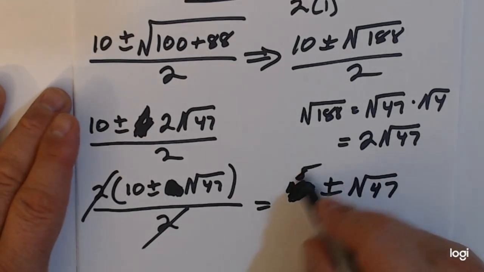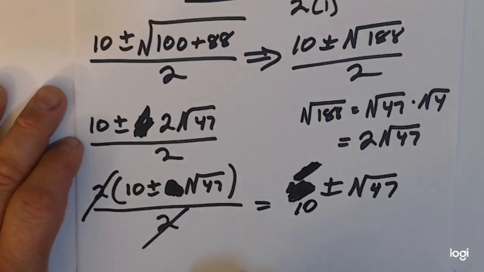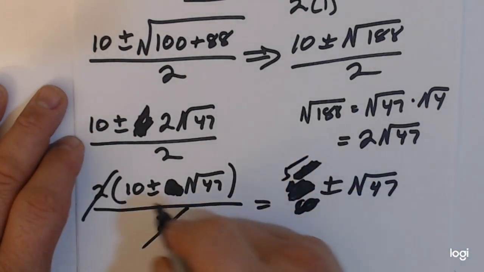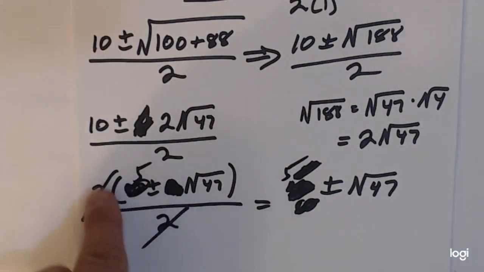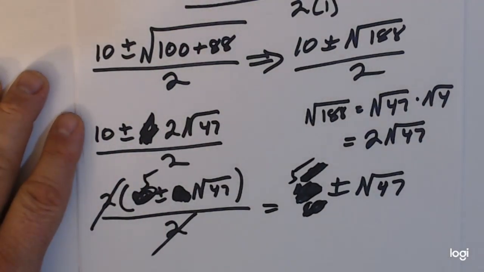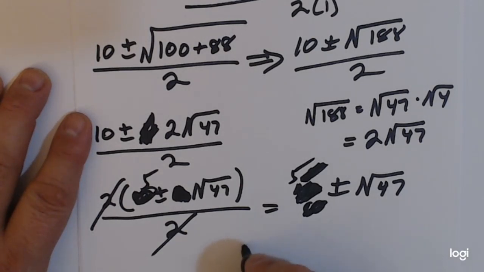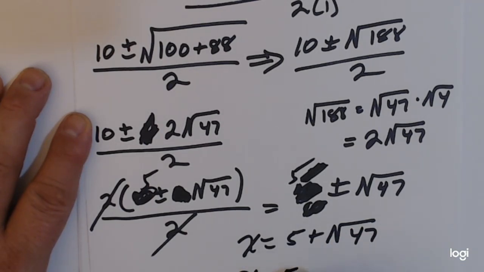No, I'm sorry, that's 10, I was right. No, it's 5. What a goofball. I should have, when I factored out the 2 here, I should have factored out and got 5 there. So it's 5 plus or minus the square root of 47.